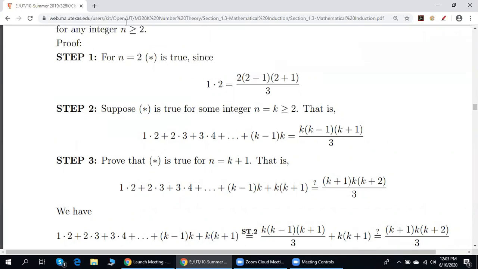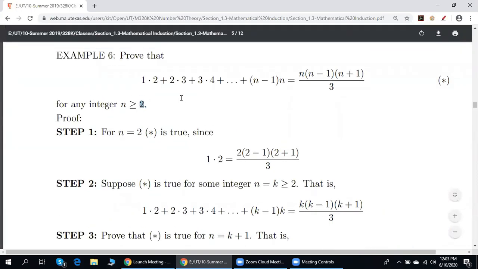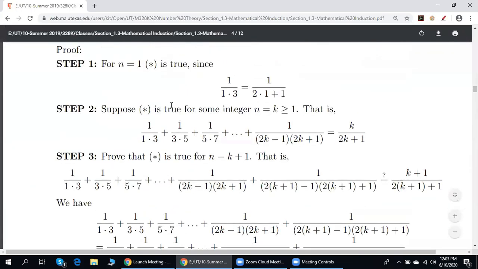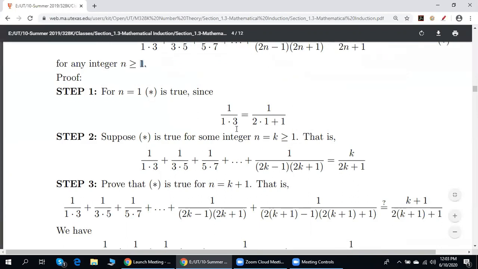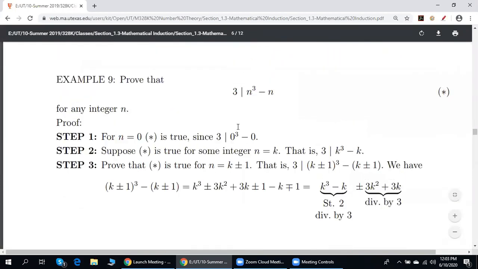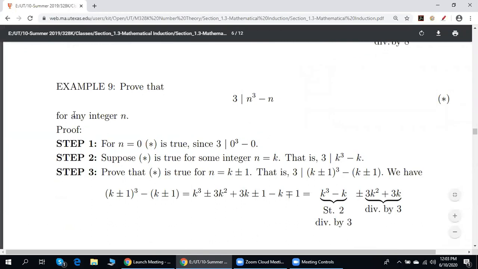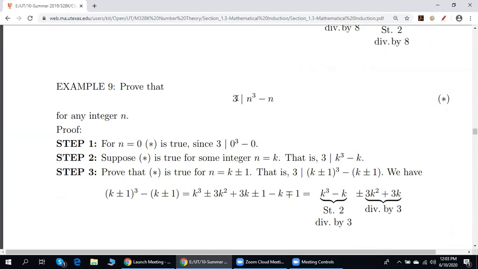Here, a lowest term is 2. Here, a lowest term is 1, and so on. Note that there is no lowest term here. We want to prove this for any integer n, positive or negative.